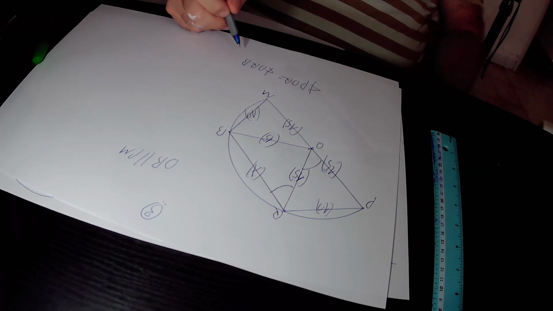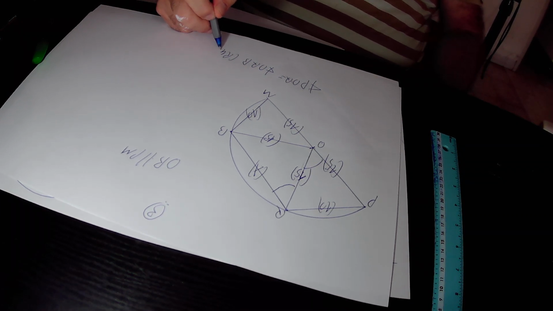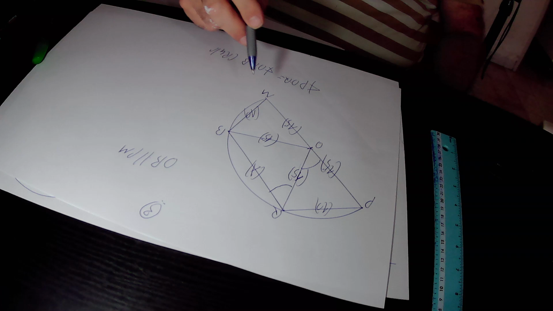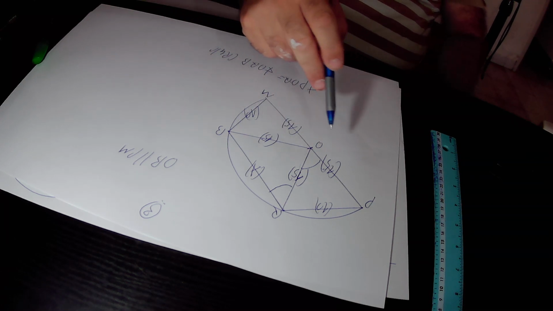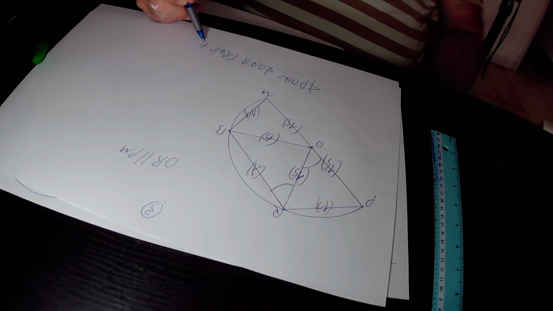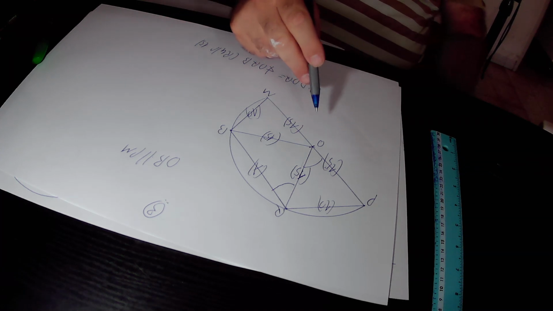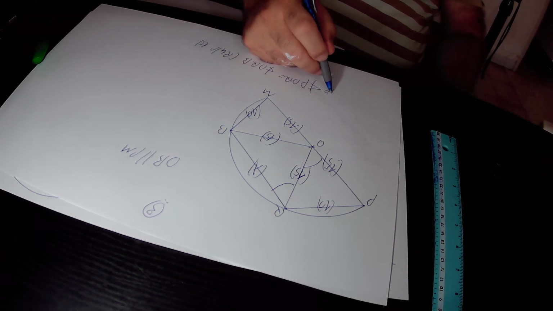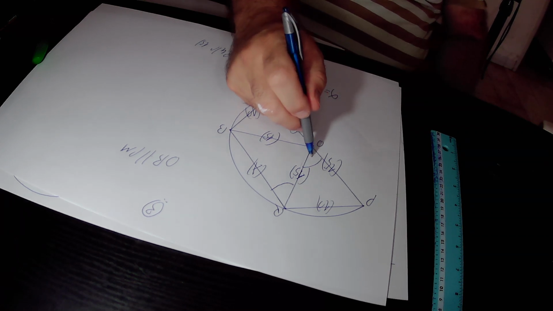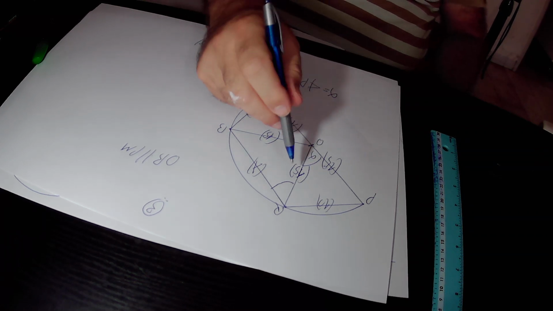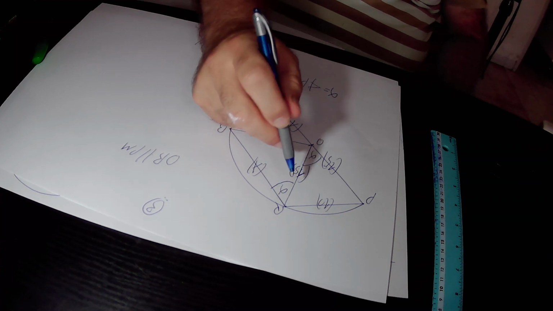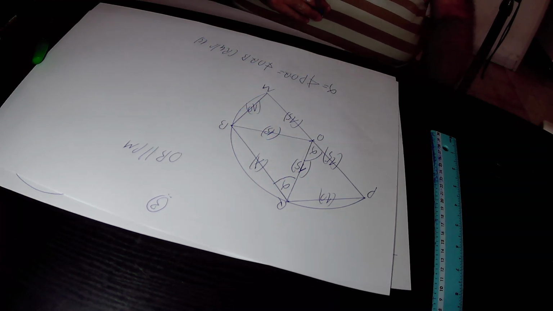They are equal according to Rule 15, because they are located between the parallel lines QB and PM. If we define angle POQ as alpha, then this angle must also equal alpha.